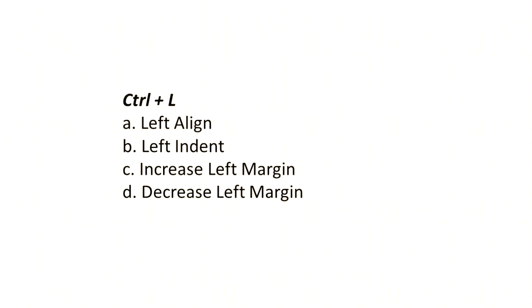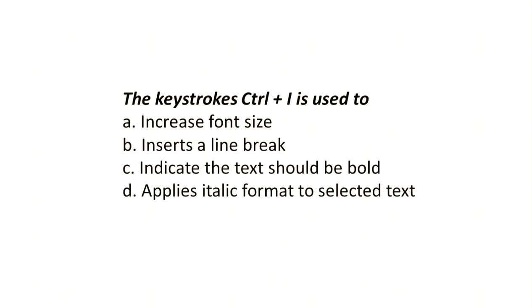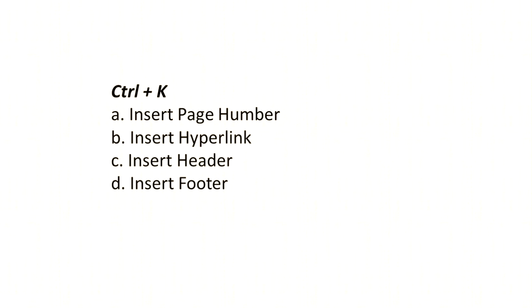Next, Ctrl plus L is used to left align. Next, the shortcut key Ctrl plus I is used to apply the italic format to selected text. Next, Ctrl plus K is used for insert hyperlink.